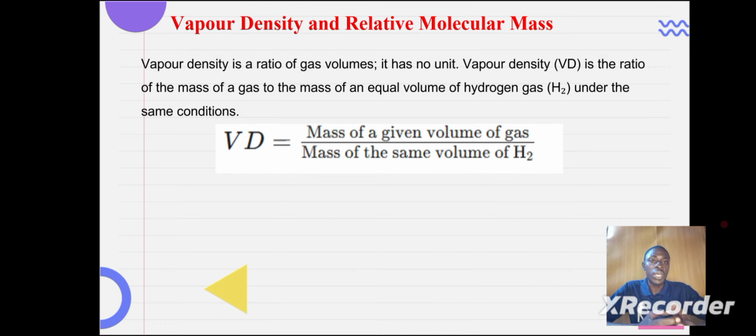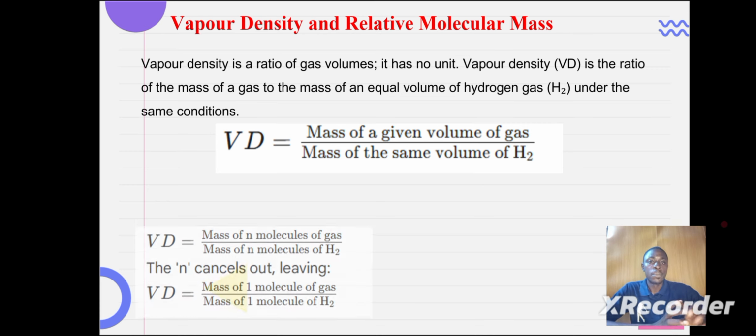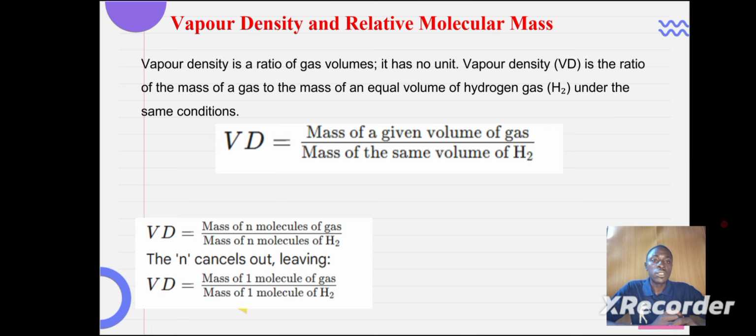Basically, vapor density, Vd, is equal to the mass of a given volume of gas over the mass of an equal volume of hydrogen. Since equal volumes of gases contain the same number of molecules, vapor density is also equal to the mass of n molecules of gas over the mass of n molecules of hydrogen.